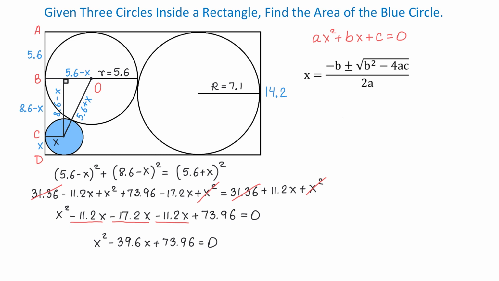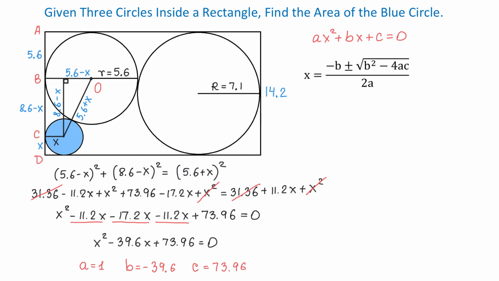In this formula, a is the coefficient of x squared, b is the coefficient of x, and c is a constant. In our equation, a is equal to 1, b is equal to negative 39.6, and c is 73.96.